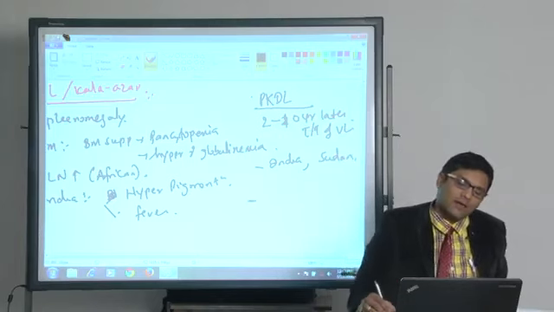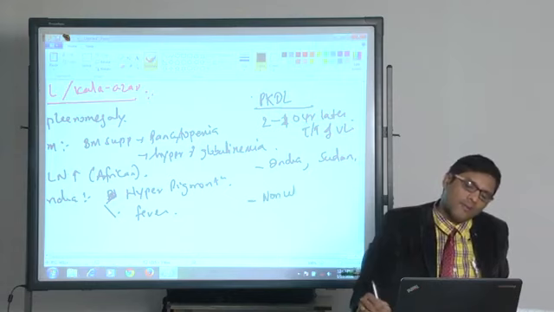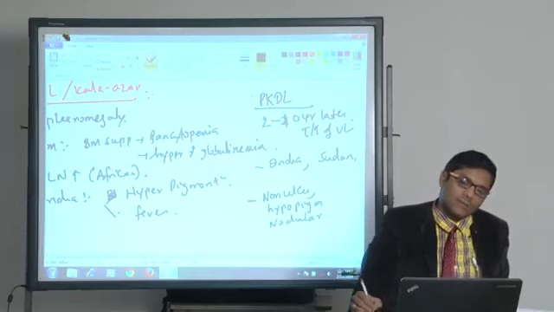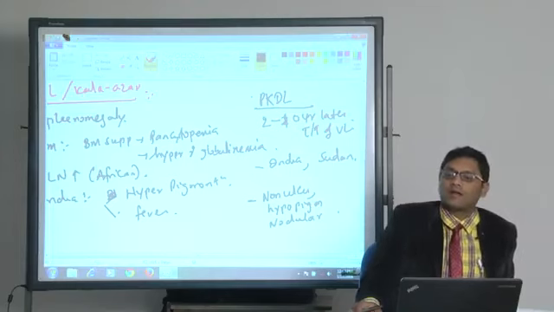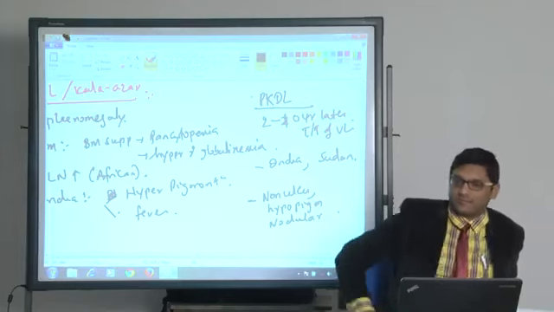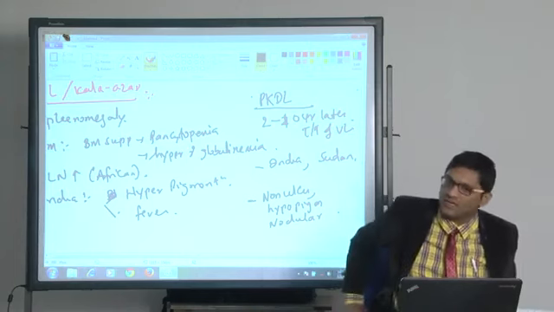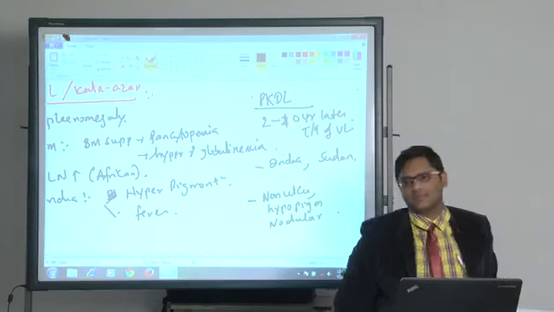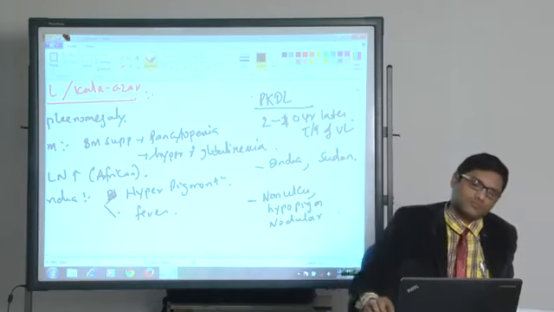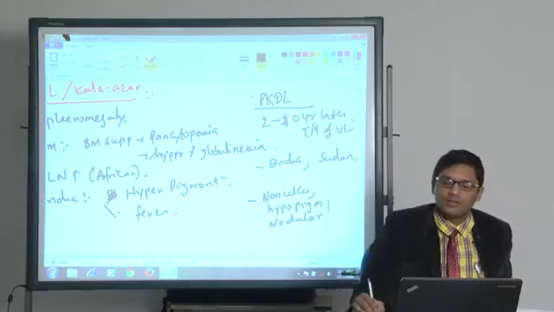The lesions are usually non-ulcerative, hypopigmented, nodular lesions. We should not be confused with the hyperpigmentation of Kala-azar. In Kala-azar you have hyperpigmentation; here it is a hypopigmented non-ulcerative nodular lesion.